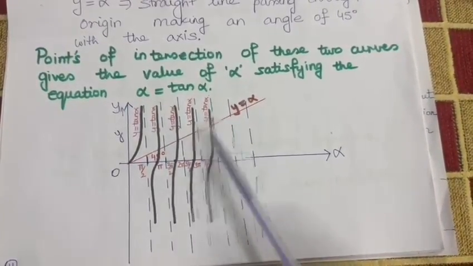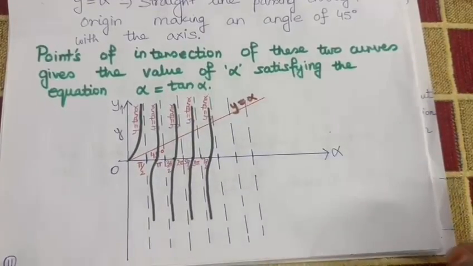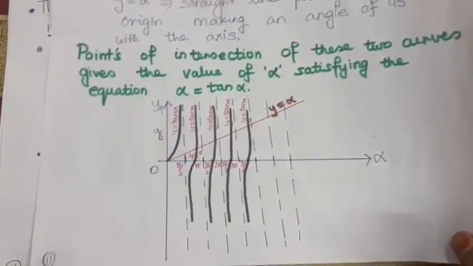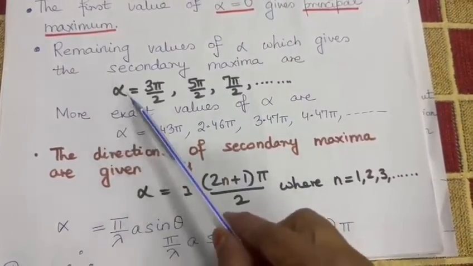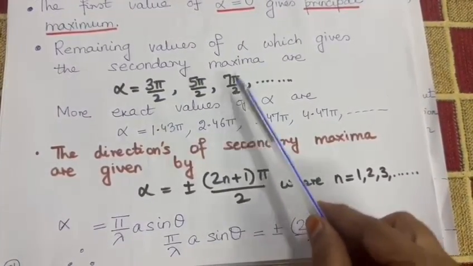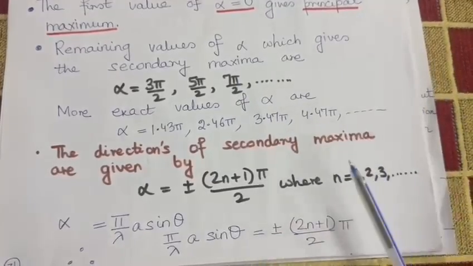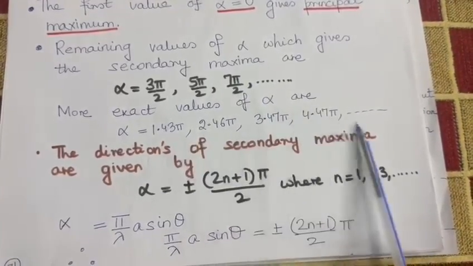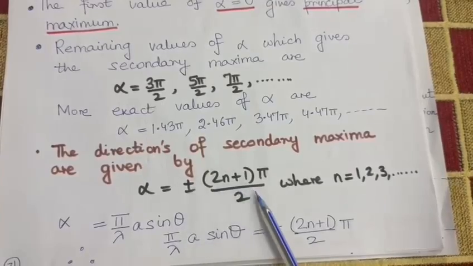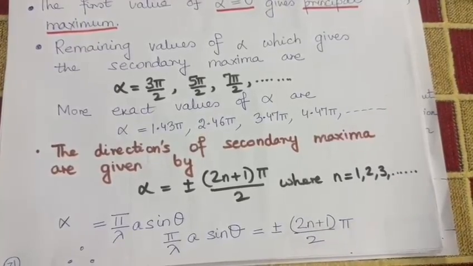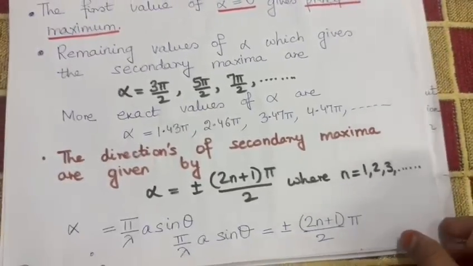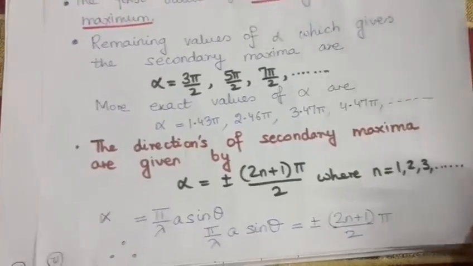The position of intersection of these two curves will give us the position of the secondary maxima at alpha equal to 3 pi by 2, 5 pi by 2, 7 pi by 2, etc., or numerically this value. So the direction of secondary maxima will be given by this for n equal to various values of 1, 2, 3, etc., like this.